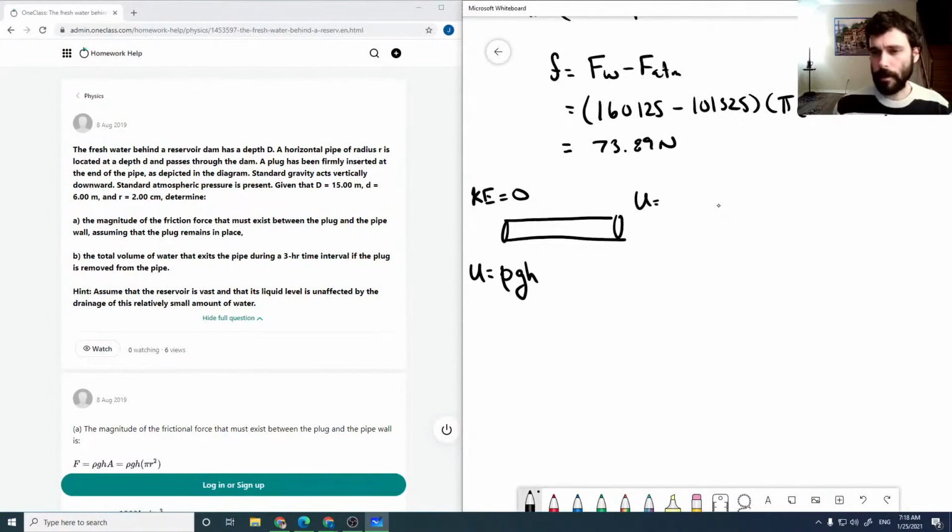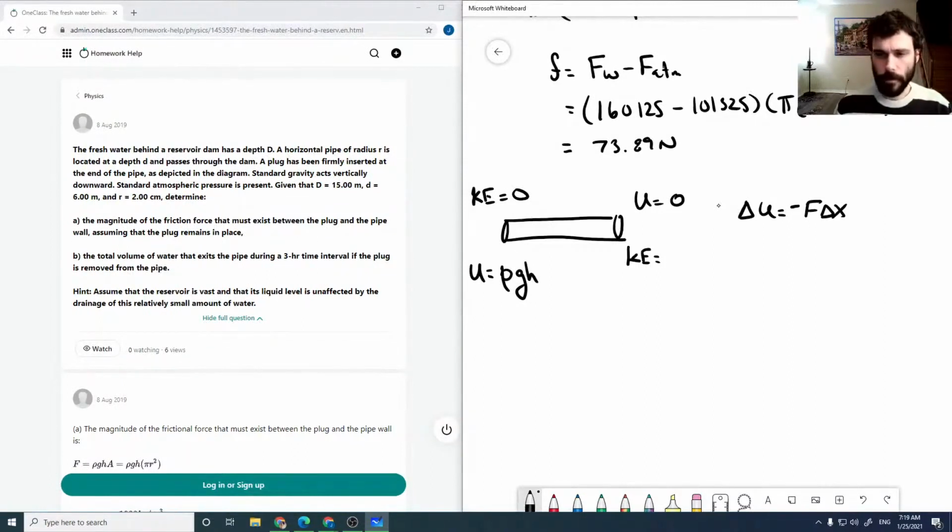And over here, we're going to call the potential energy 0, and then we need the kinetic energy on this side. So delta U is equal to minus F delta X.